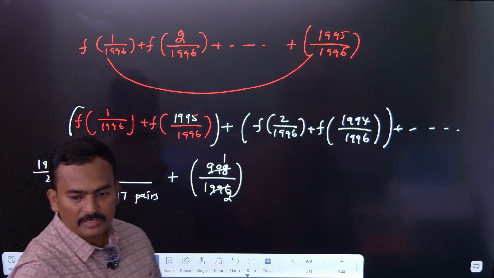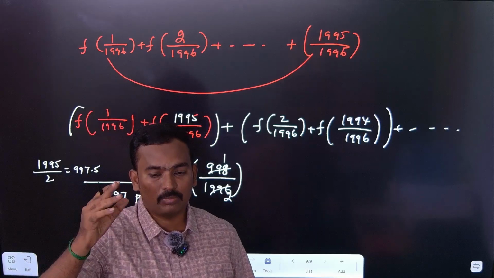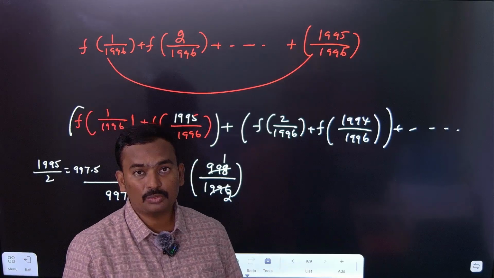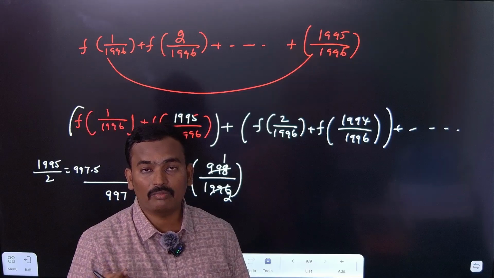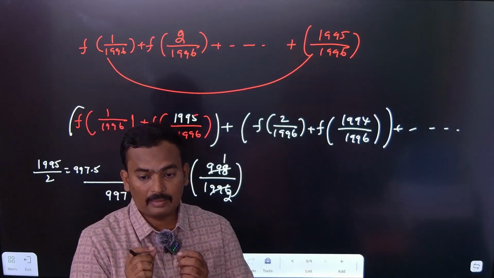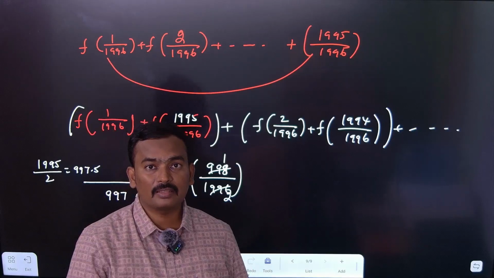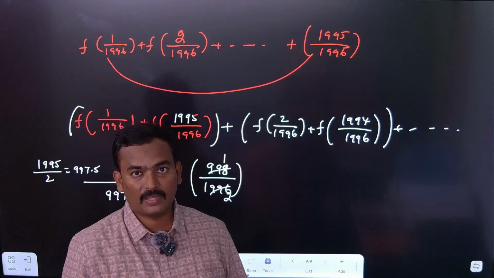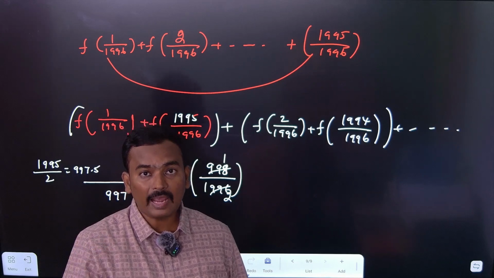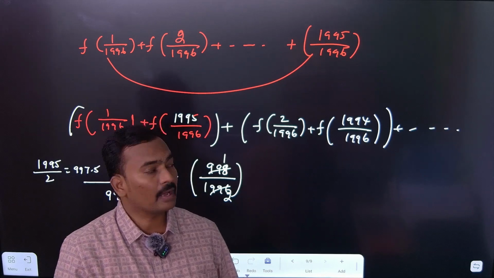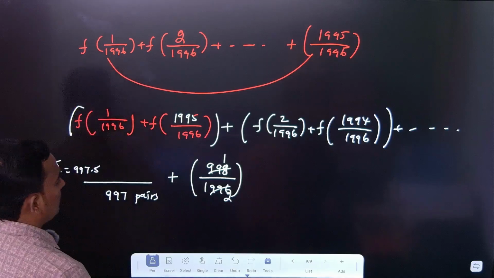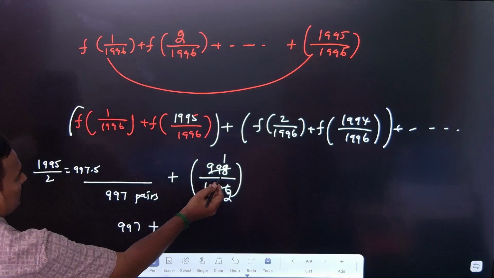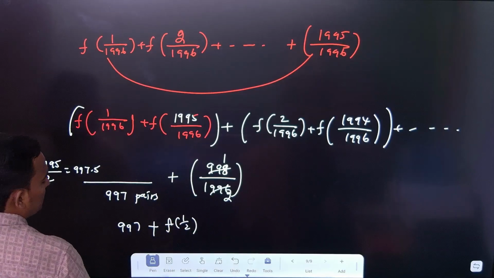If an odd number of terms is there, what you can do? Just take the number 1995 here, divided by 2, that is 997.5. So there are 997 pairs. The extra decimal is there, no? That will be considered one extra term, that is 998 by 1996. Clear?